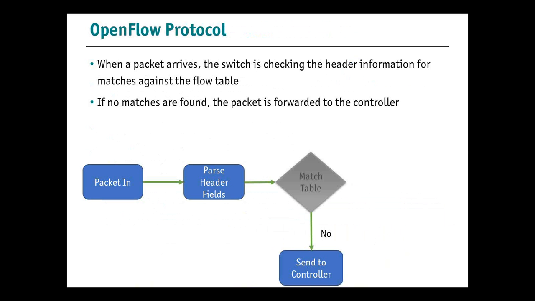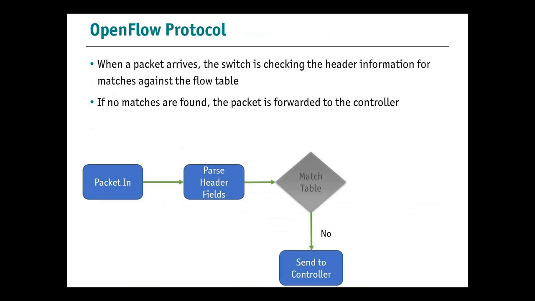So this means he is also analyzing the header, for example, and decides then on some policies you've defined before, or depending on the applications you have added to your controller via Northbound API, where to forward the packet to. So it's writing a flow entry in your flow table which tells the switch what to do with future packets that will come in and that belong to that flow.